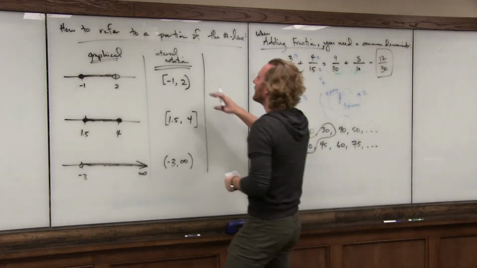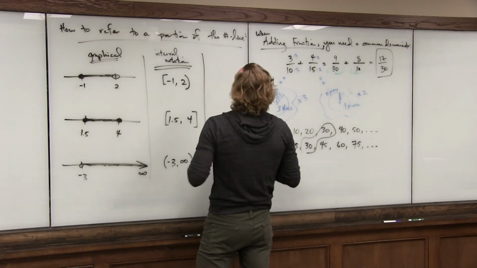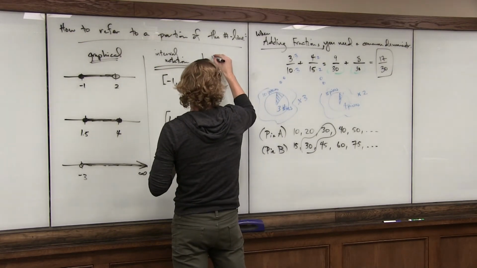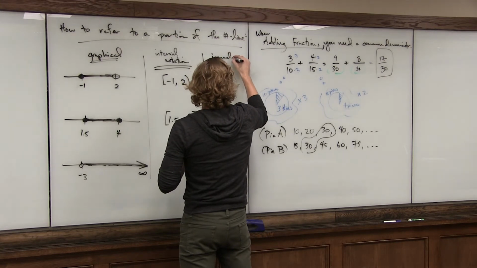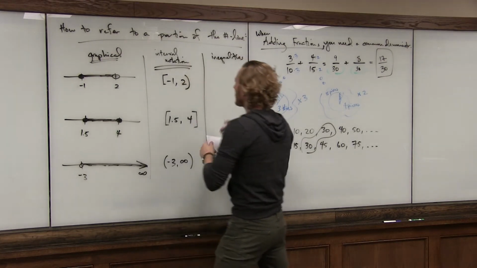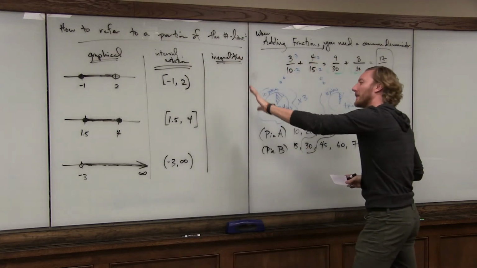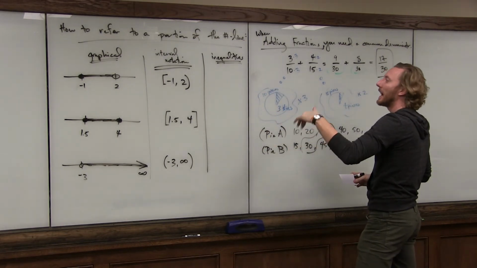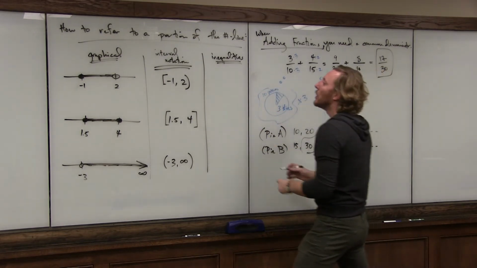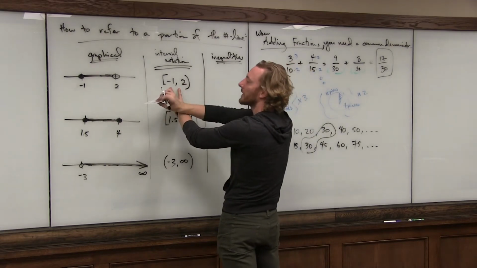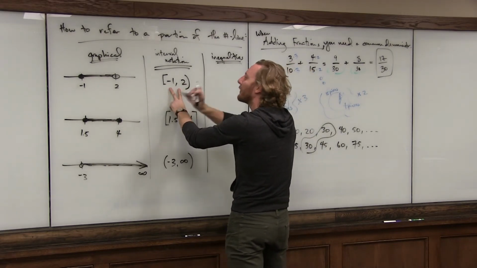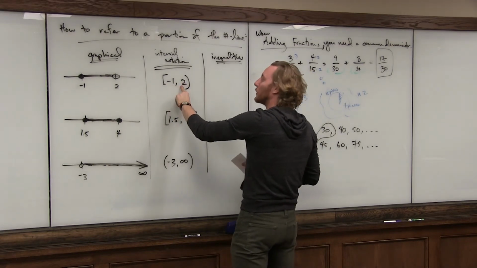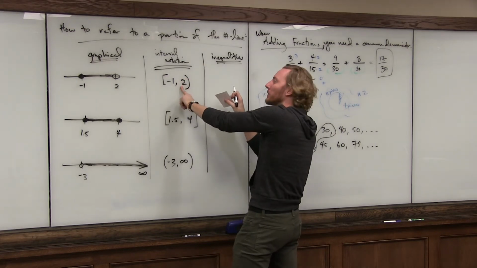Okay, final way of thinking about numbers on the number line, we could use inequalities. This is really just taking the information that we have in the picture and the interval notation and articulating it in a different way. You could say that the portion of the number line that we talked about here is every number between minus 1 and 2, including minus 1 but not 2.